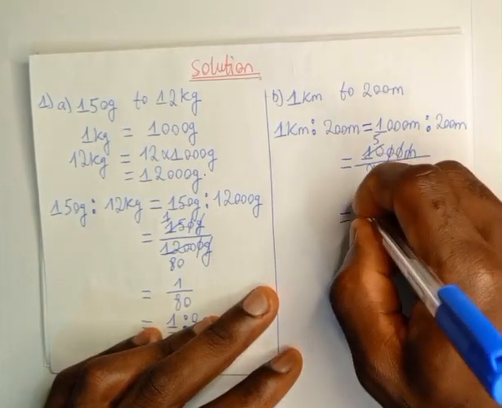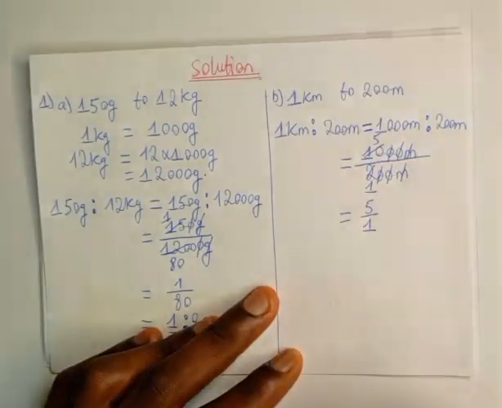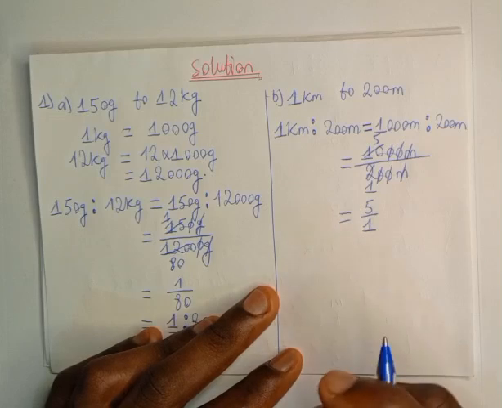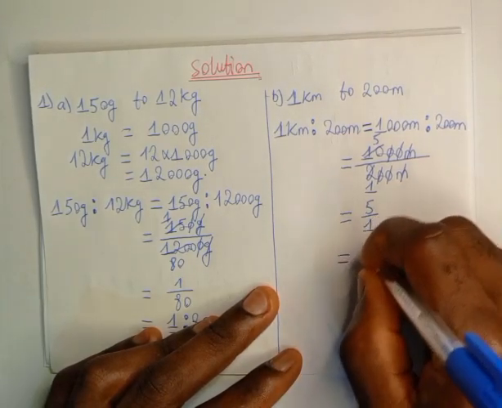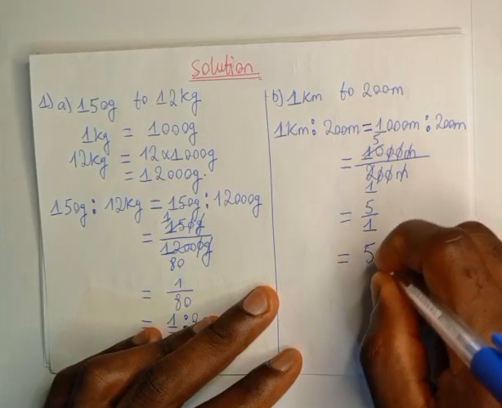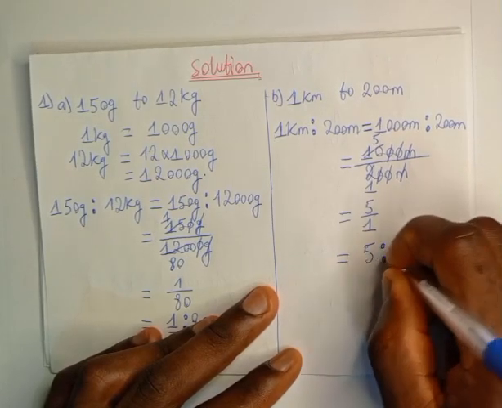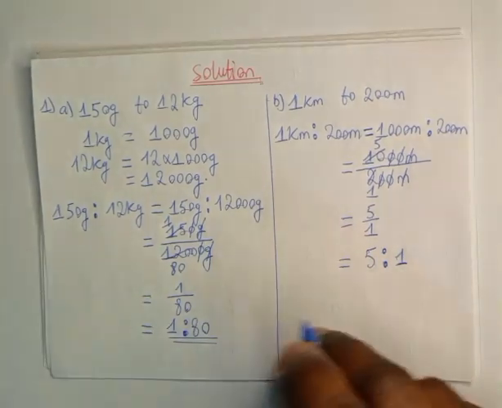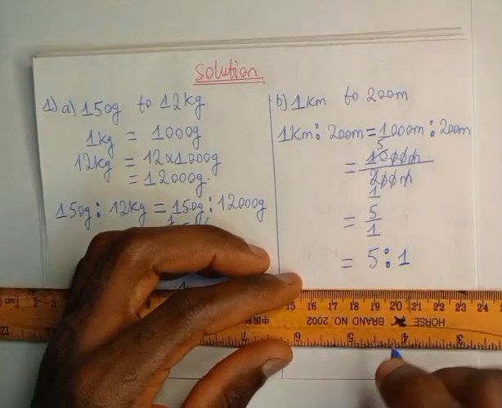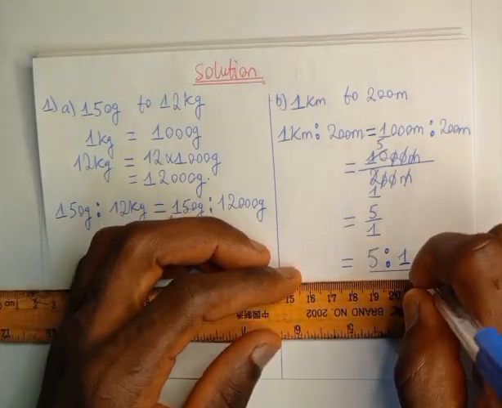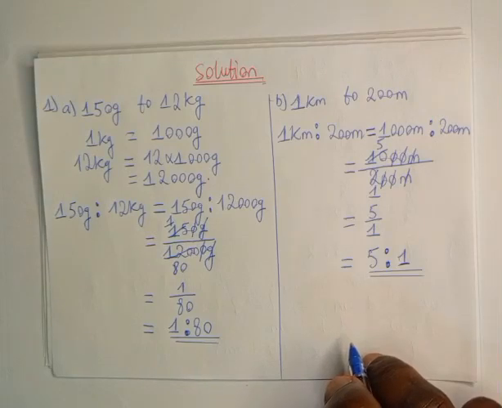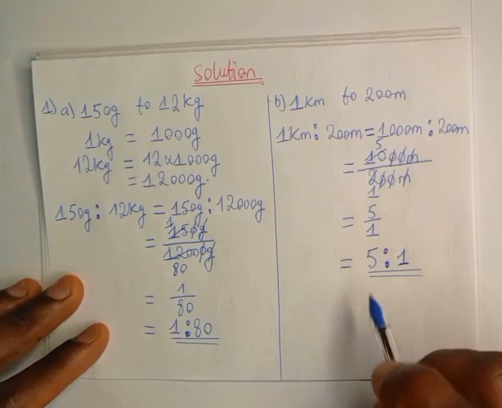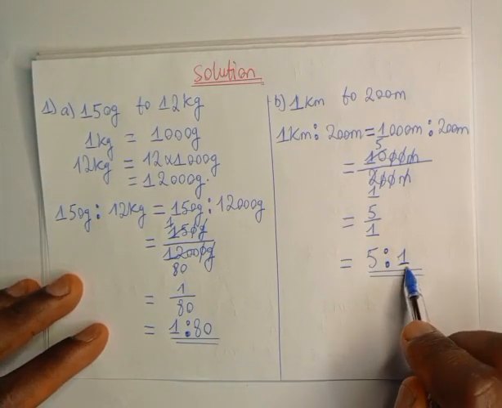This will simply be equal to 5 over 1. Expressing 5 over 1 as a ratio, it will simply be equal to 5 is to 1. Therefore, 1 kilometer to 200 meters as a ratio is simply equal to 5 is to 1.